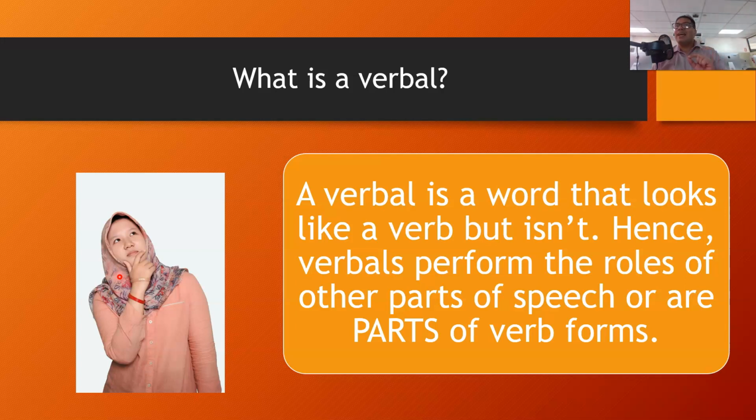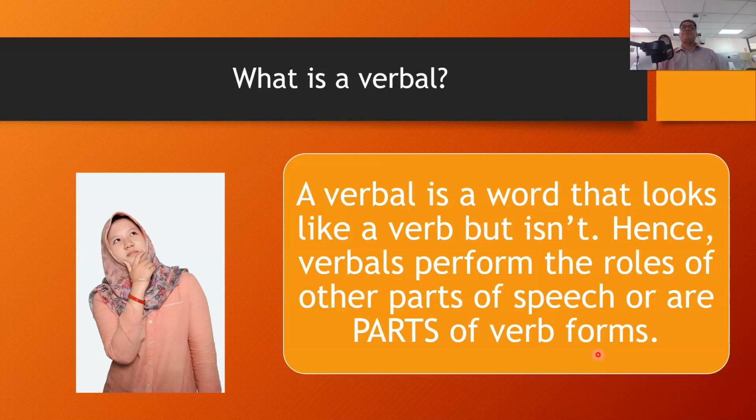If it is not performing the role of another part of speech, then the verbal is a part of a verb form. This is important. I need you to remember, I'm saying that it's a part of a verb form. I'm not saying that the verbal is the verb. I'm not saying that the verbal is the verb form. No, it's part of it.